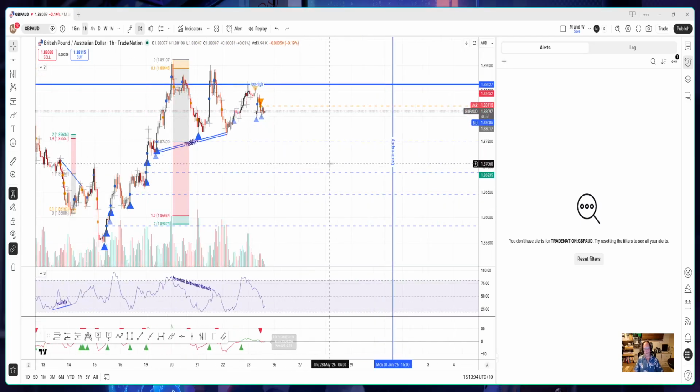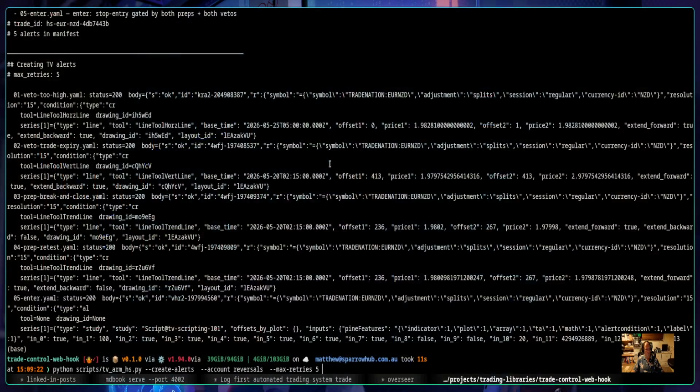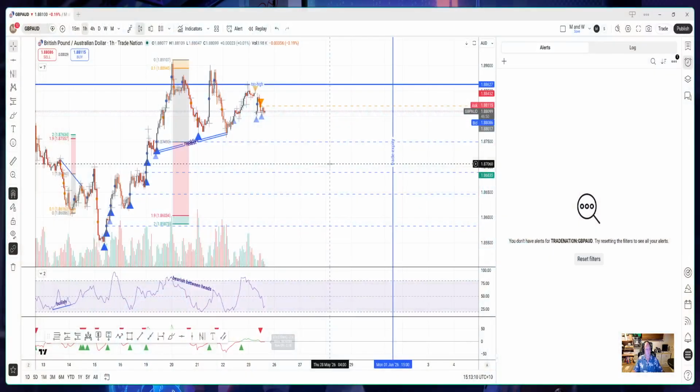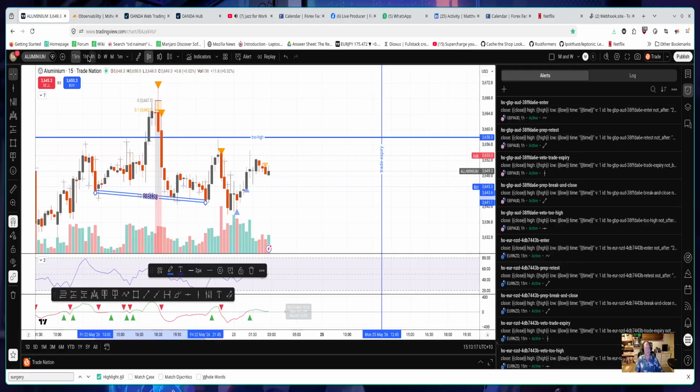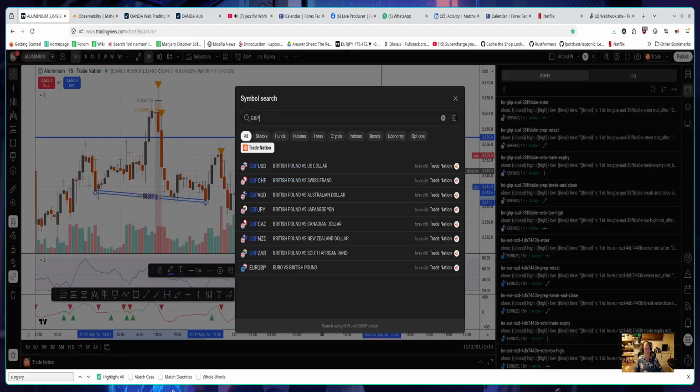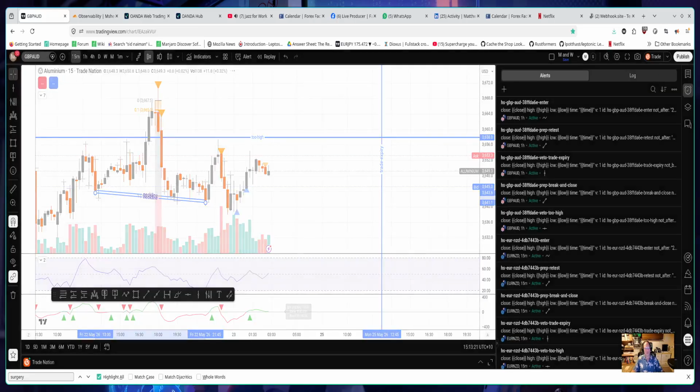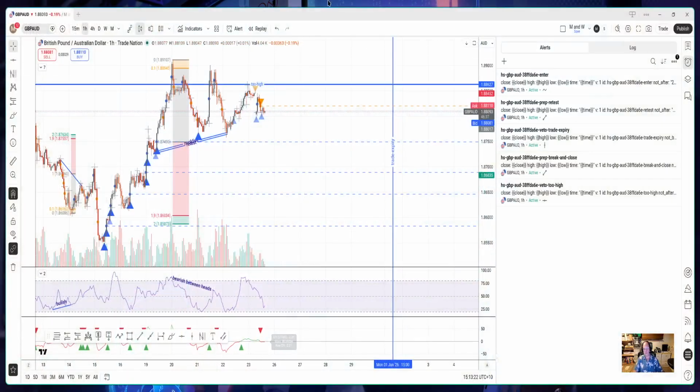So we can enter that trade. I think I might annotate this pound Aussie a bit better. So I'll go here. Actually, I've got to save it because TradingView lets you only do... I'll just do it here.